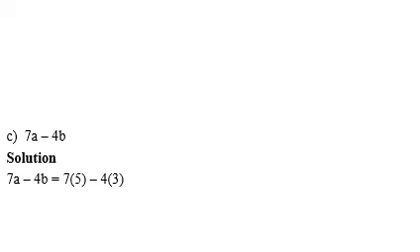Into the bracket means multiply, so it's the same as 7 times 5 minus 4 times 3. Now 7 times 5 is 35, and 4 times 3 is 12. So you have 35 minus 12, and the answer is 23. Therefore 7a minus 4b is 23 for those given values.